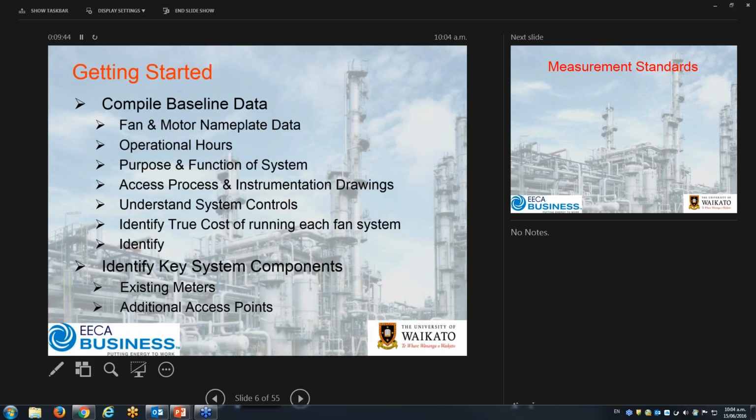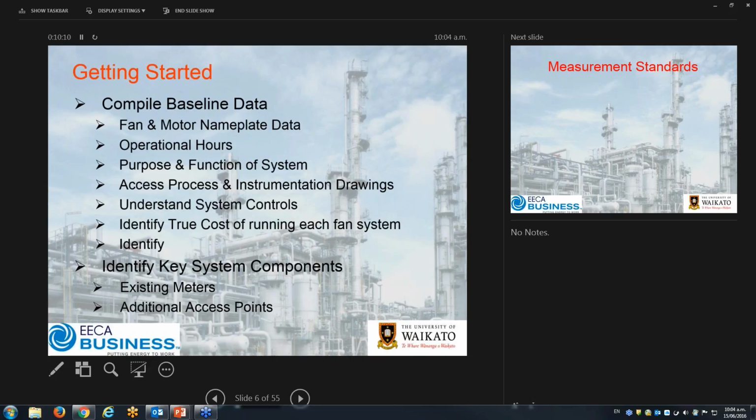Then you'll be looking to collect various P&ID drawings, or process and instrumentation drawings for those not familiar with the terminology, understand the control system, and identify the true cost of running the system. That's of course your energy costs, but also your maintenance costs, and understanding what those true fully loaded costs on the system are.